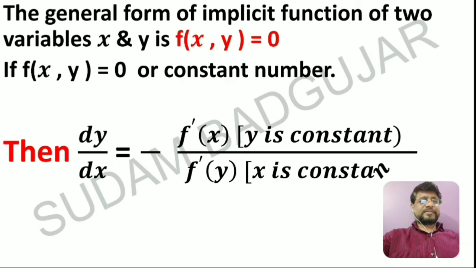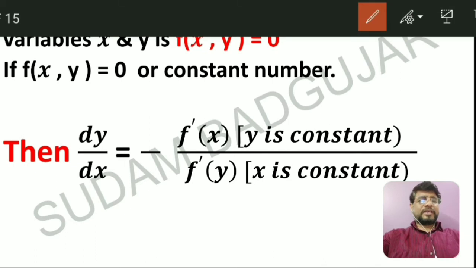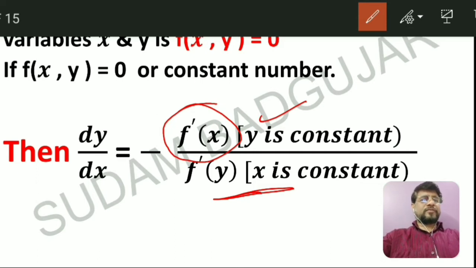It's really simple. Now I will explain again. It is in u upon v form, numerator and denominator. The numerator is f'(x): whatever the equation, you differentiate it with respect to x, considering y as a constant, and write it in the numerator. The denominator is the derivative of the given equation with respect to y, considering x as a constant.